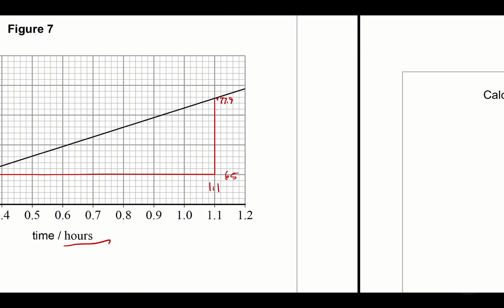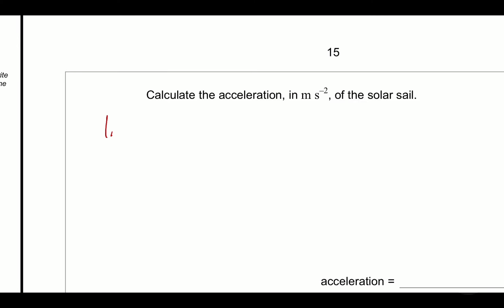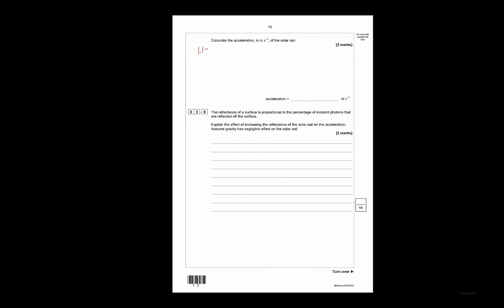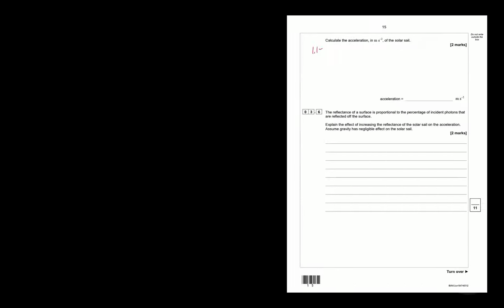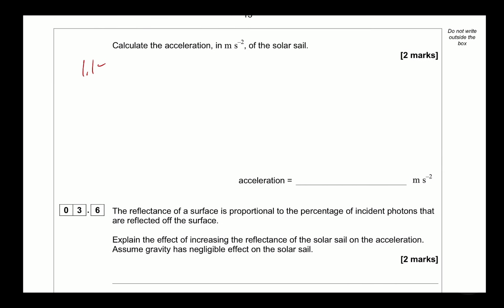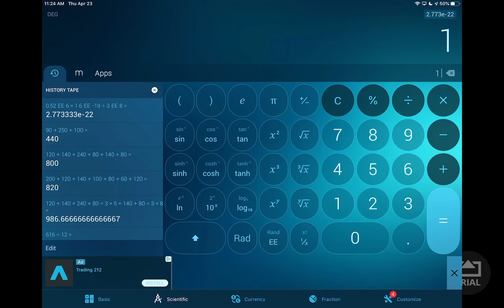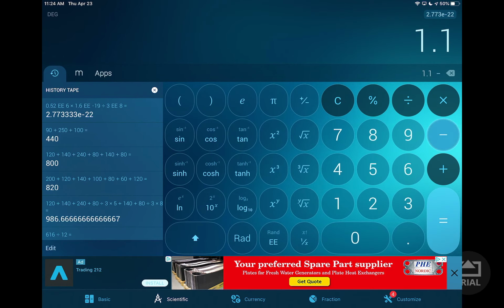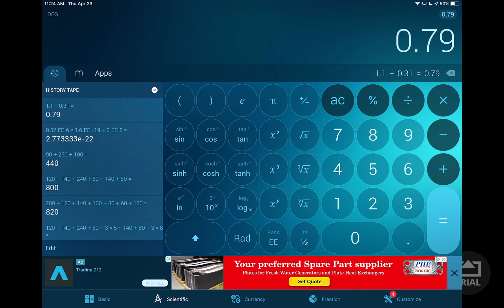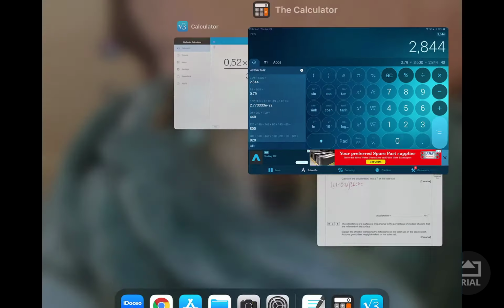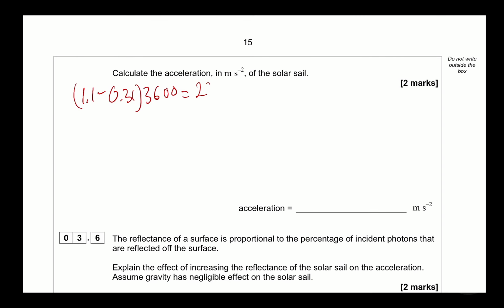So 1.1 minus 0.31, and multiply that by 3,600. 2,844.